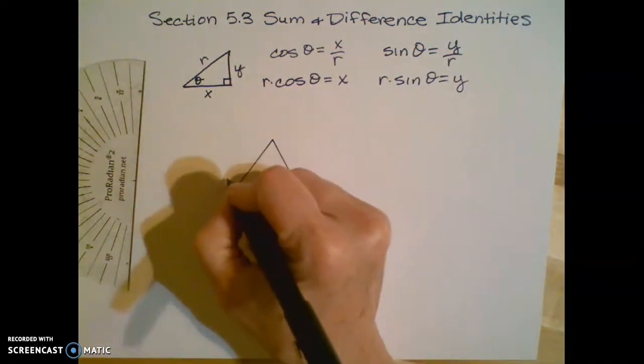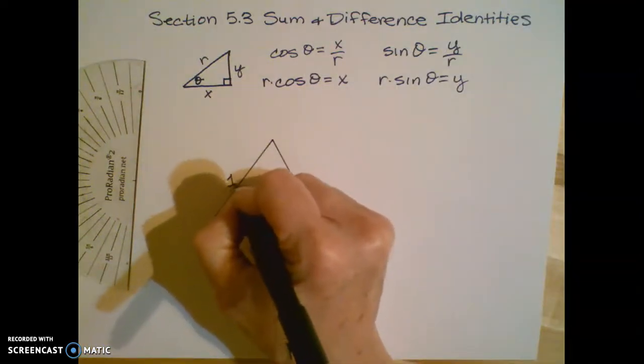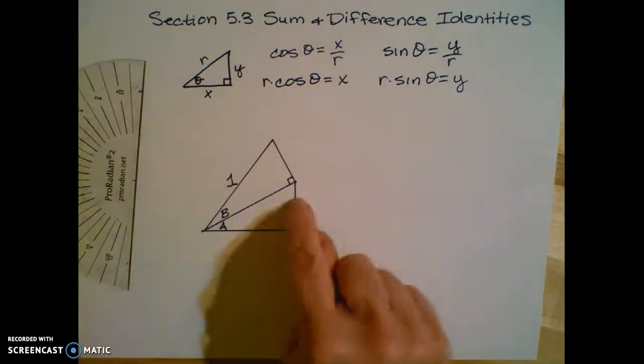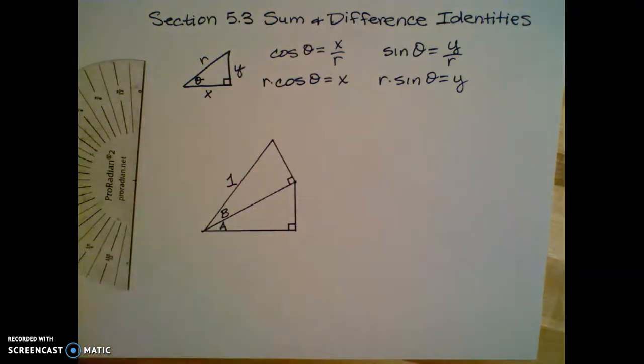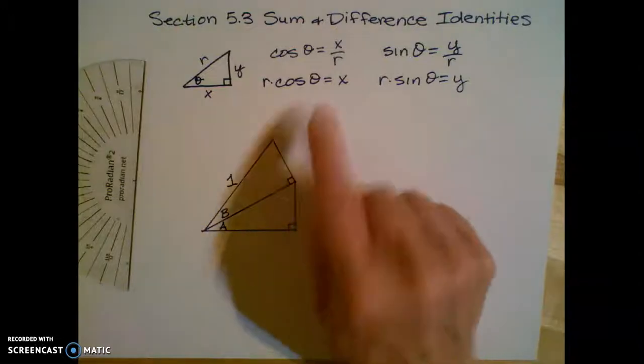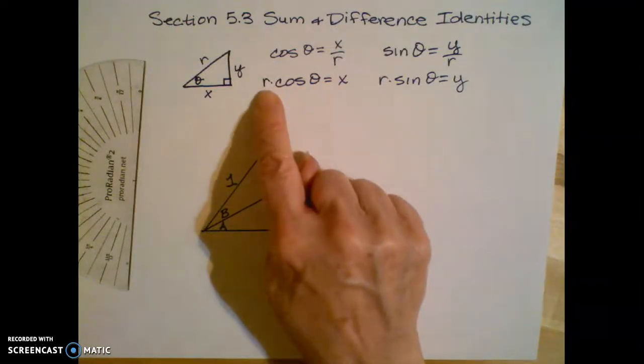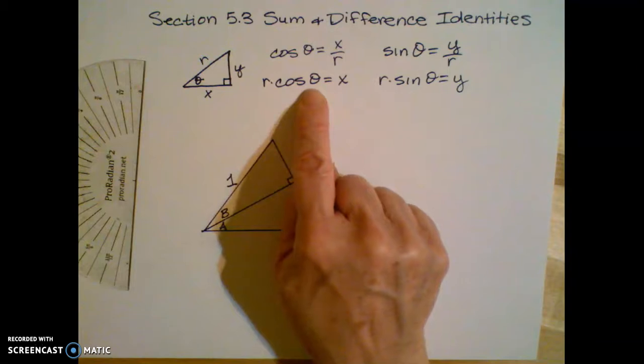In this case, we're going to let the length of the hypotenuse in the triangle with acute angle B have a length of 1. Okay, so what I want to then determine is the lengths of these other segments in terms of A and B. So when the hypotenuse is 1, remember the length of the leg adjacent to the acute angle is the length of the hypotenuse times the cosine of the angle.